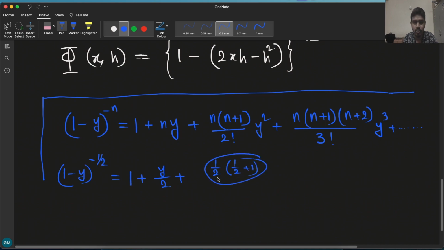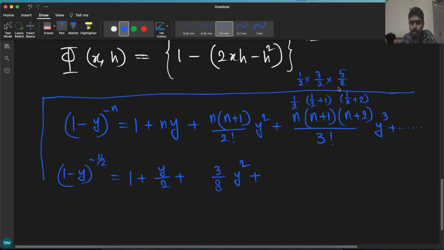If I do the multiplication, it is 3 by 2 and then half multiplied with it, that is 3 by 4, and there is a 2 factorial in the denominator, so it is 3 by 8 times y squared, plus half times (half plus 1) times (half plus 2), which is half times 3 by 2 times 5 by 2, which is 15 by 8.